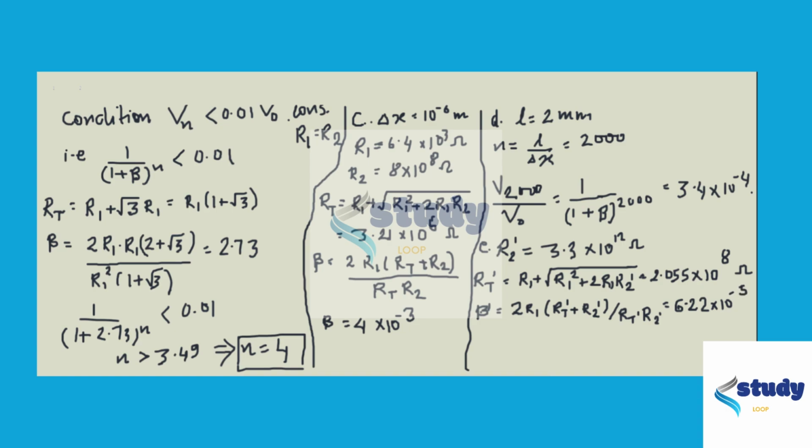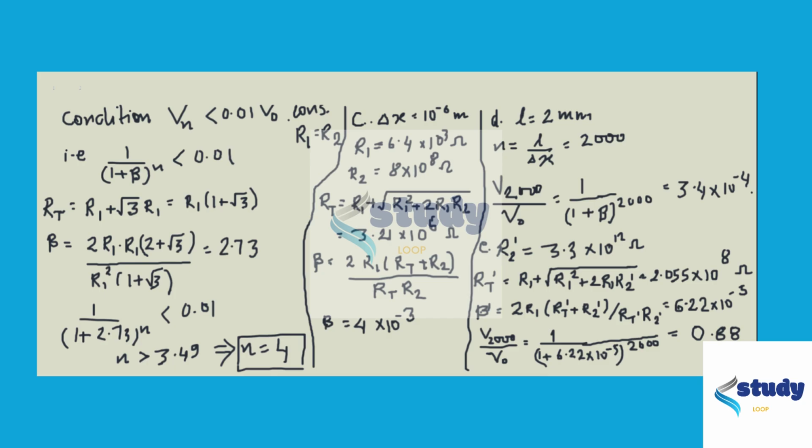Okay, so to calculate the attenuation, V2000 upon V naught is equal to 1 upon 1 plus 6.22 into 10 to the power minus 5, all raised to the power 2000, which turns out to be 0.88, right?